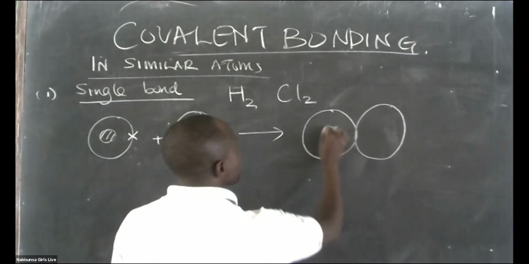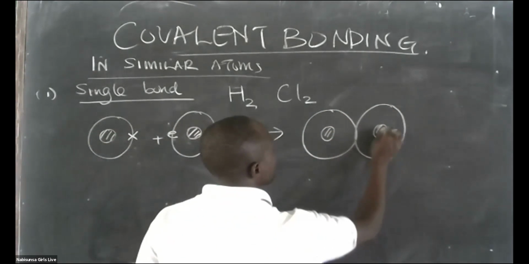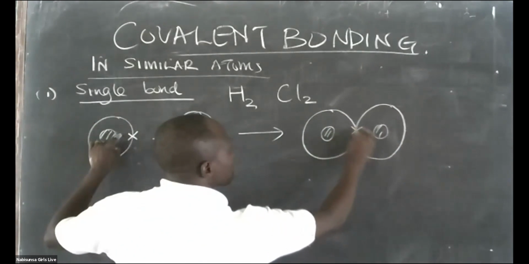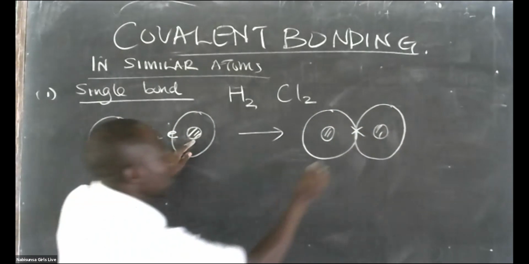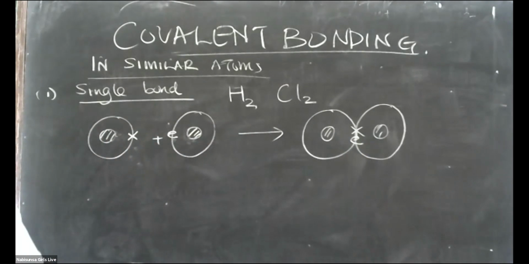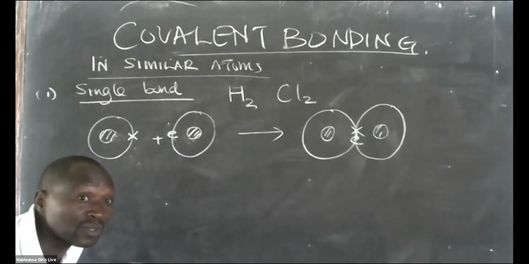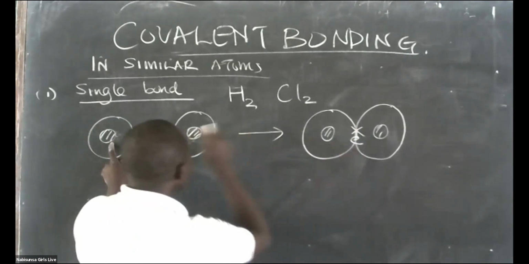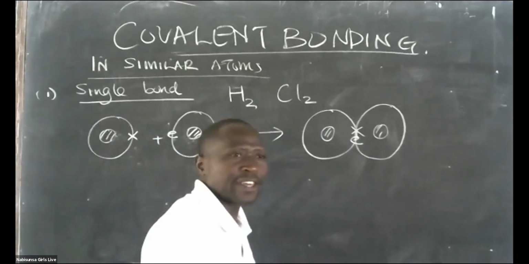So this is the nucleus. This is also the nucleus. This atom here, this is its electron. Now this one, this is its electron. So how many electrons are being shared by both? 2 electrons. This one came from this one, this electron came from this, and they are all sharing them.